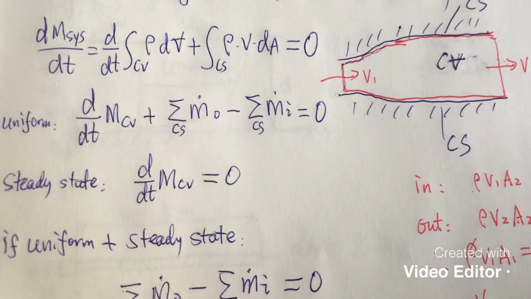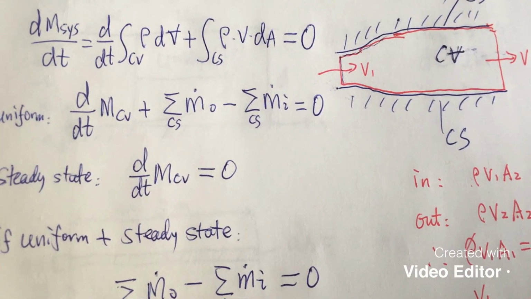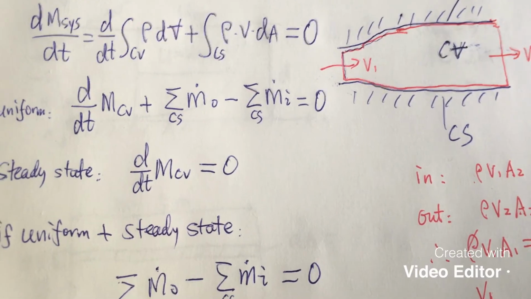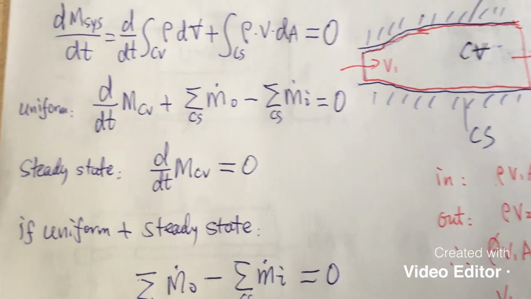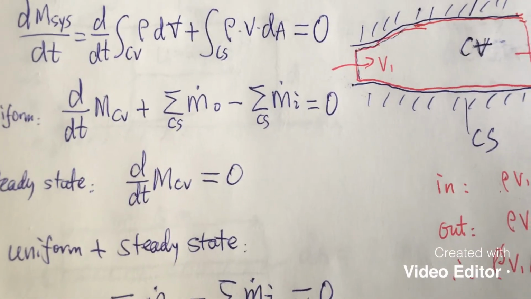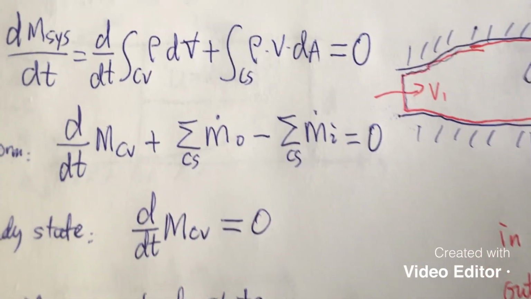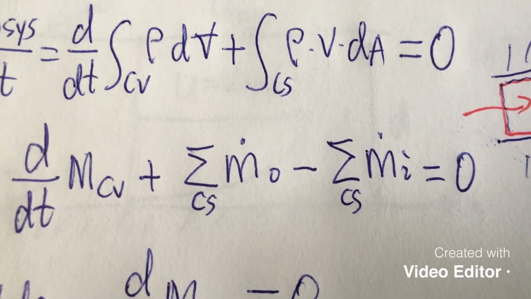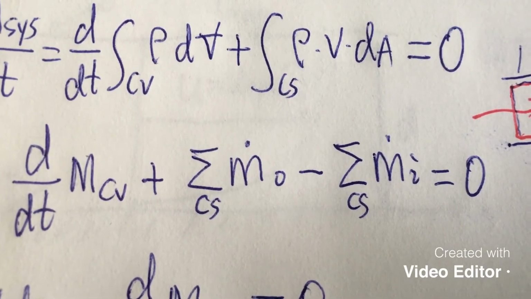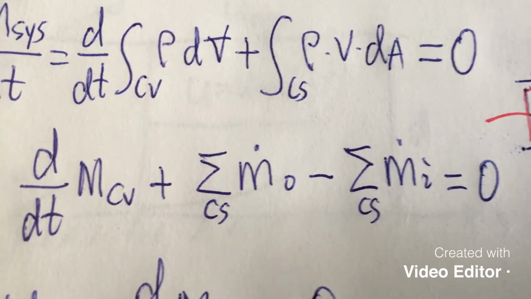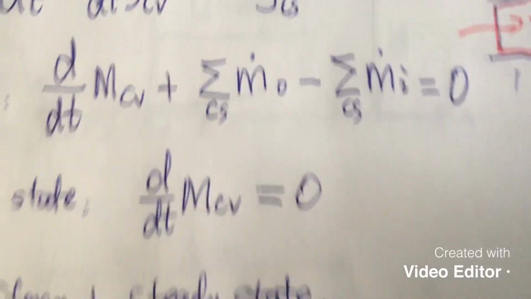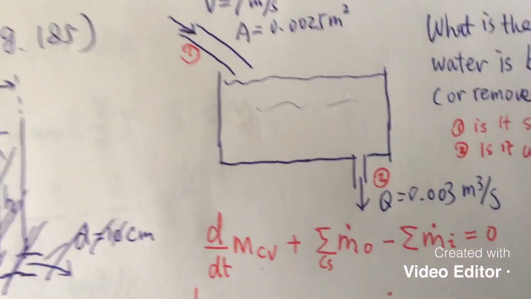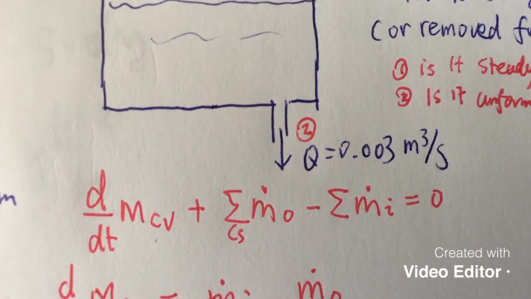We're not going to use the general one because we don't need the surface integration, because it's a uniform velocity. So we are going to use the second equation. It's unsteady, so we have to keep the d over dt term there, right? Your total mass in the control volume, which is in the tank, changes with time. So this is the equation we are going to use. That's what I wrote down here.